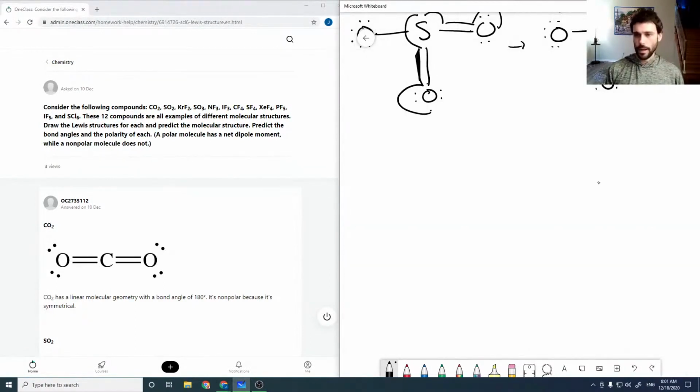And so then we're going to have something like this, with a negative charge here and a positive here. But of course we have resonance structures.